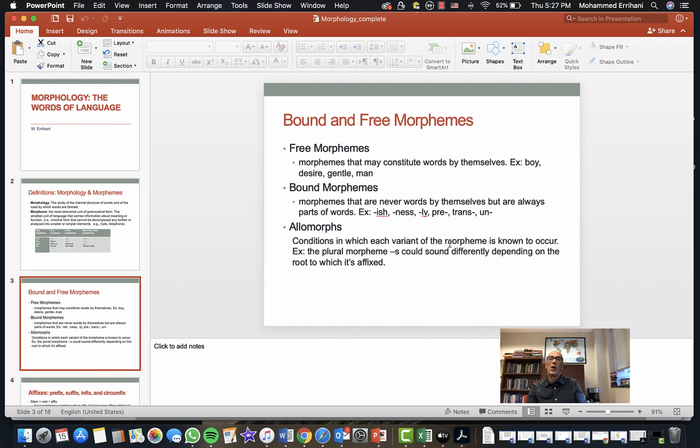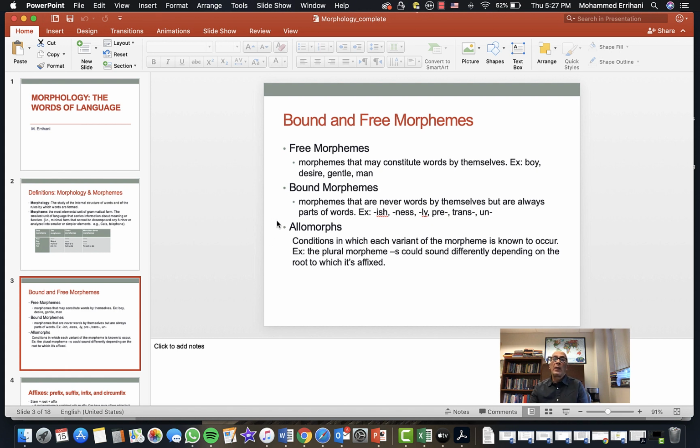Allomorphs are conditions in which each variant of the morpheme is known to occur. In other words, an allomorph is a variation of a morpheme, one type of how a morpheme can be shown.